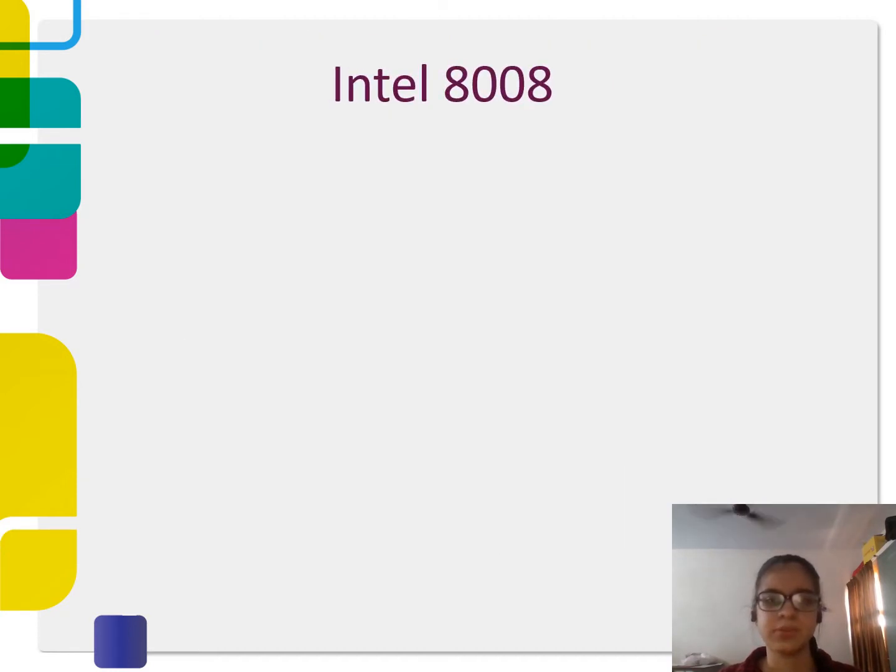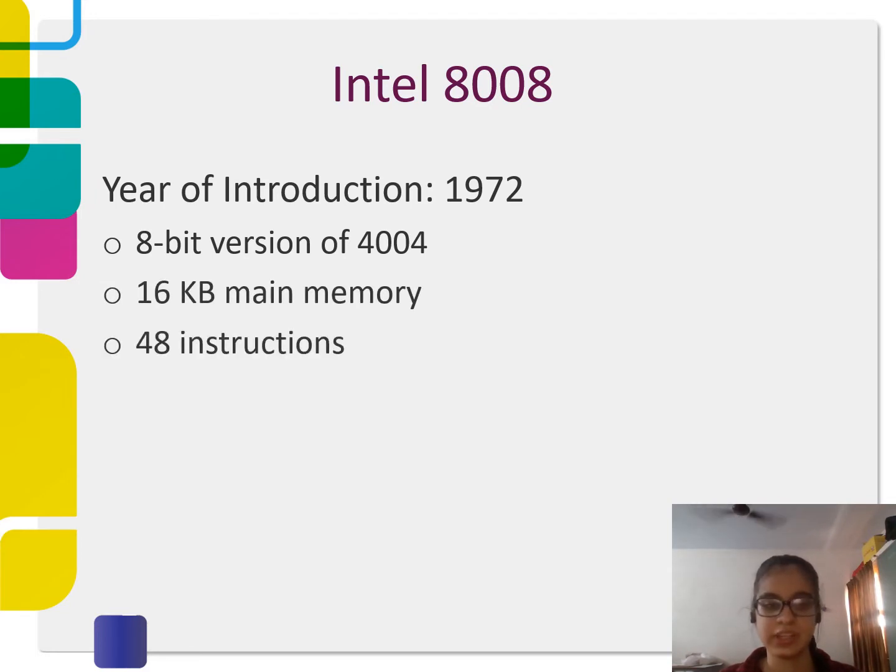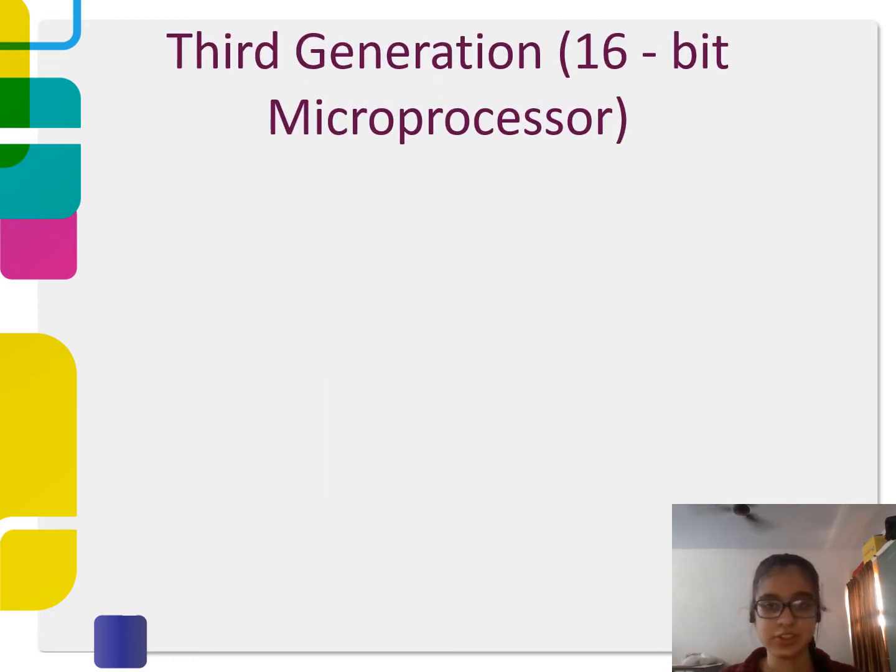Now Intel 8008: the year of introduction was 1972, an 8-bit version of 4004, 16 KB main memory, 48 instructions, PMOS technology. It was slow.